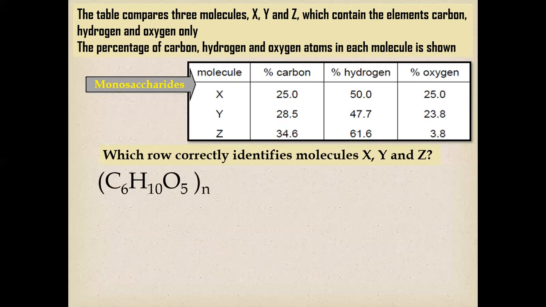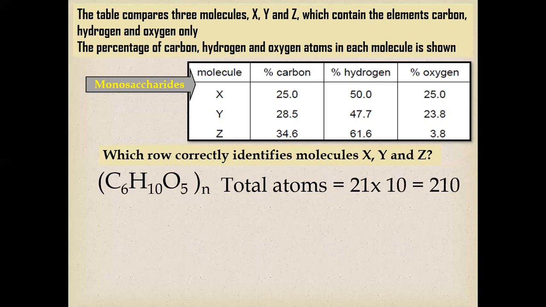So we're going to check this percentage with the formula of the polysaccharide. For example, we have the formula of the polysaccharide (C6H10O5)n. Let's suppose this polysaccharide consists of 10 monomers. In this way, 10 multiplied by 21, the number of atoms in this formula, will be equal to 210.